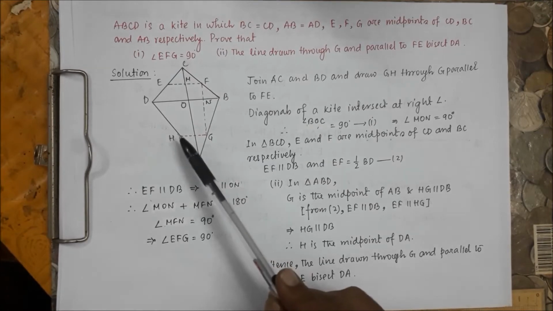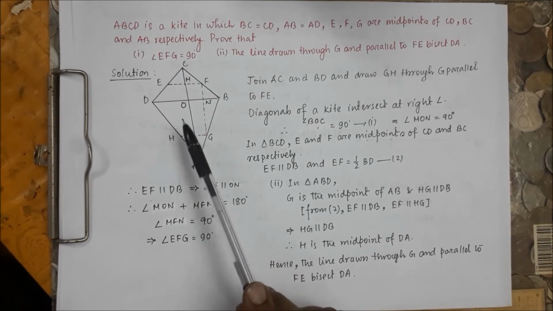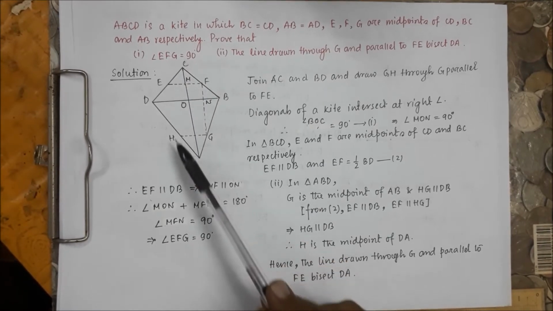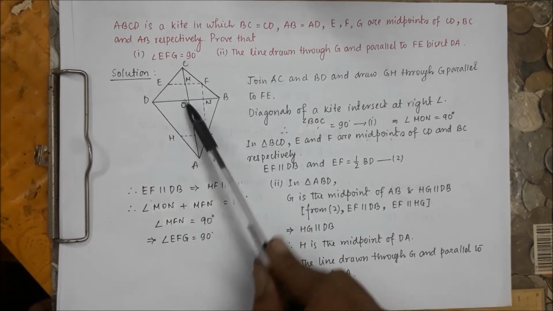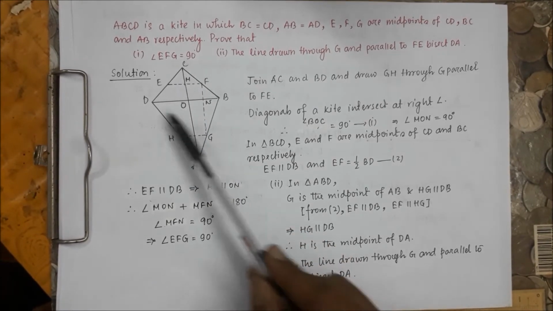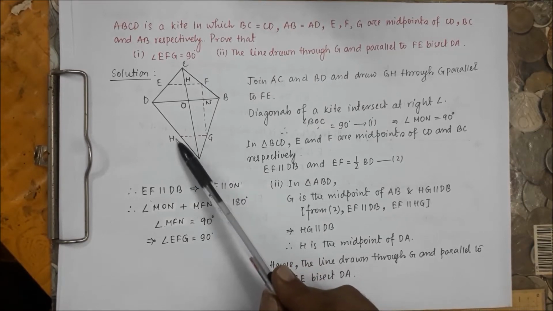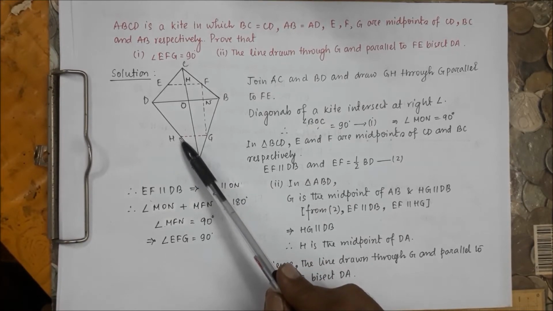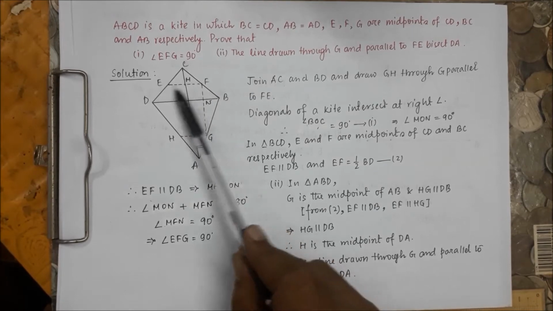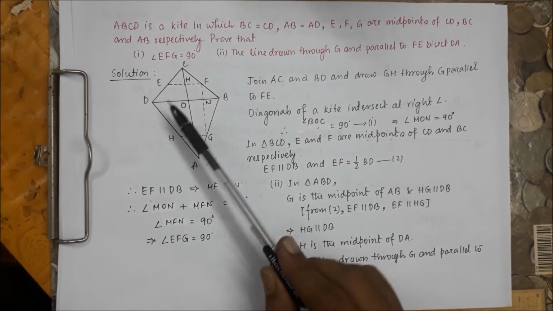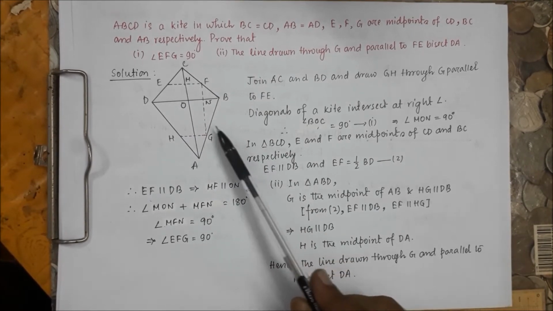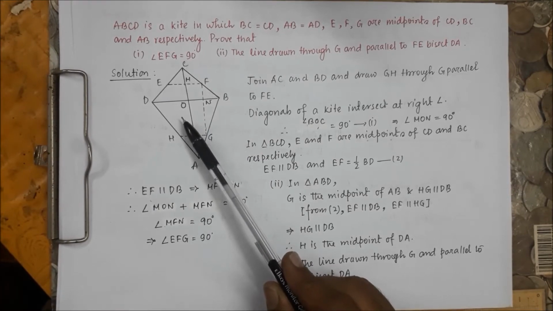Now to prove this sum, we need to draw the diagonals, that means join AC and BD, and draw GH through G parallel to FE. Now we know that diagonals of a kite intersect at 90 degrees.